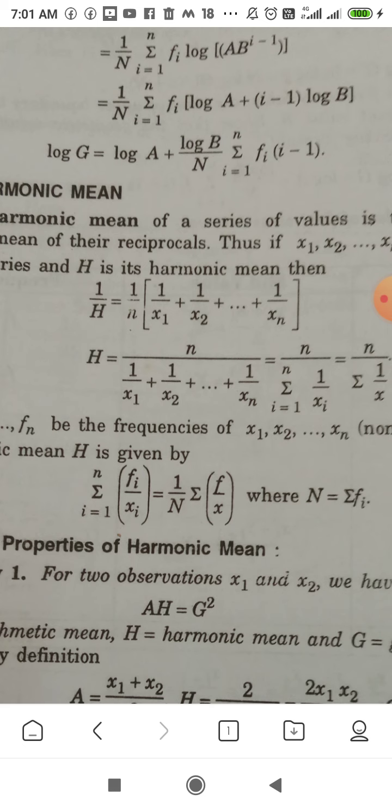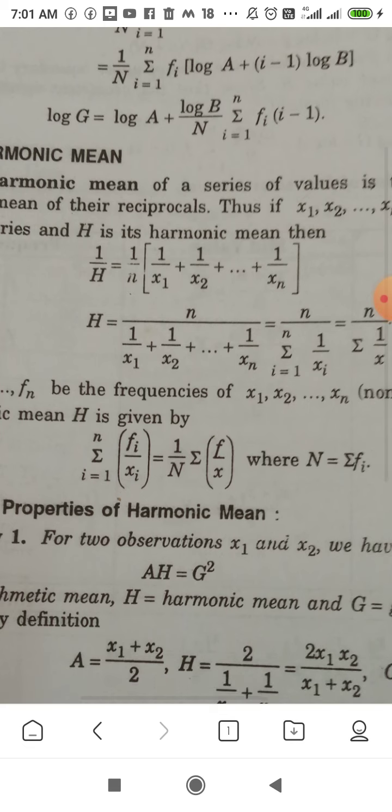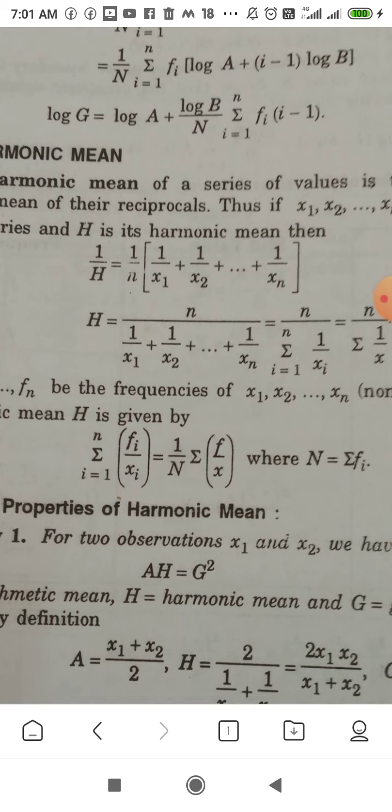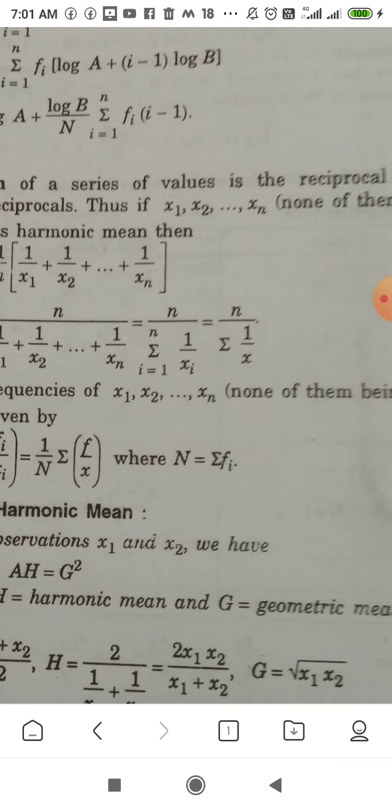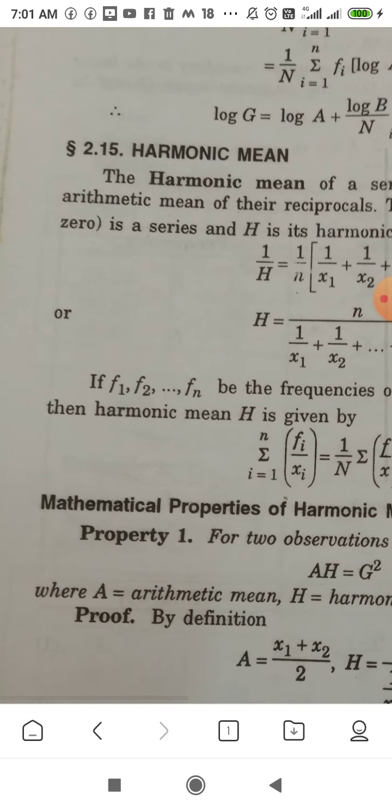So h is equal to n upon 1 upon x1 plus 1 upon x2 plus dot dot dot 1 upon xn. In summation form, it can be written as n upon the summation of 1 upon xi, i equal to 1 to n, or n upon sigma 1 upon x.